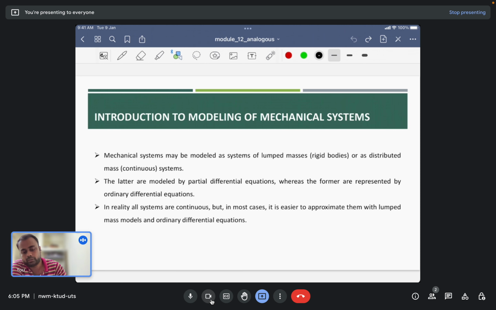For example, if a force is acting on a certain body, by Newton's second law, force is directly proportional to the acceleration, where mass is the proportionality constant. So we can write d square x by dt square, where x is any kind of displacement. In similar fashion, we can write all mechanical systems in terms of a partial differential equation.